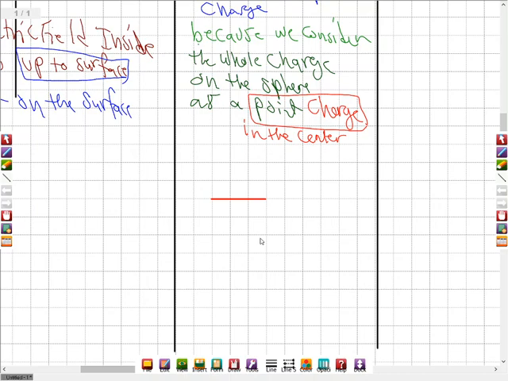We make believe the whole sphere is a point charge located at the center of the sphere, which is O, and the charge is Q, and my radius is R. We calculate E equals K Q over D squared.